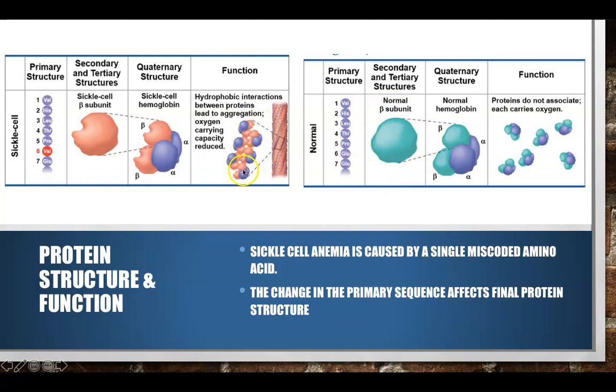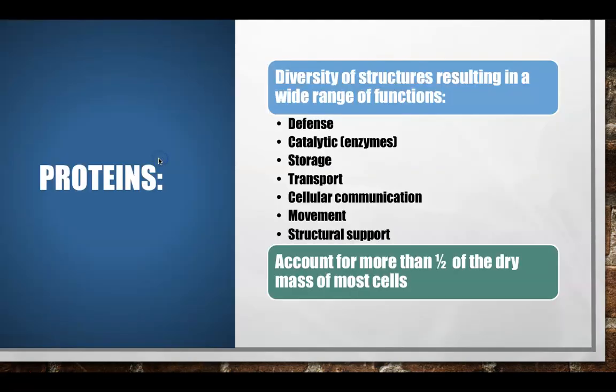Now this causes problems because it can't carry as much oxygen, and it also is prone to clotting, which is going to lead to all of the different symptoms that you see in a person with sickle cell anemia. One wrong nitrogenous base led to one wrong amino acid, which led to the improper folding of the polypeptide, which in turn made the entire protein shape be incorrect. And remember that structure dictates function.